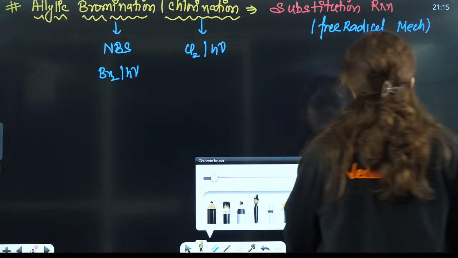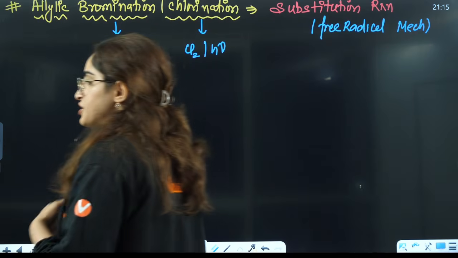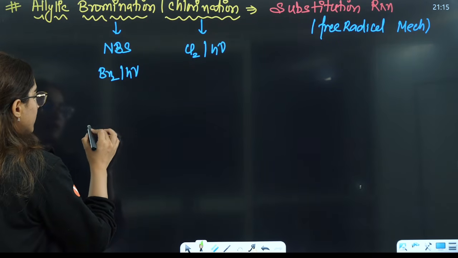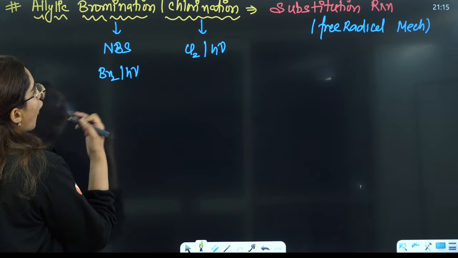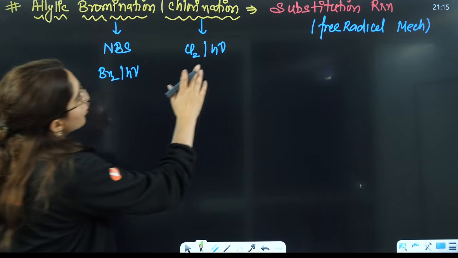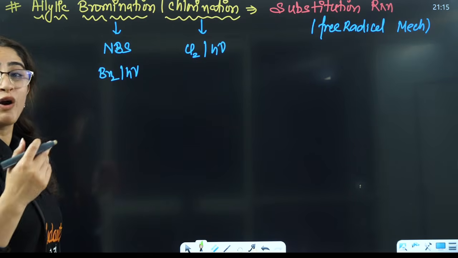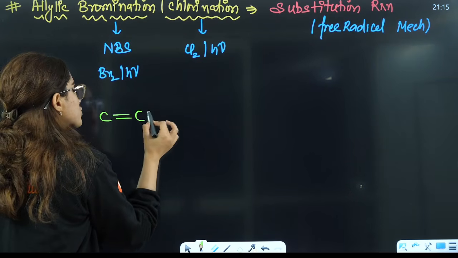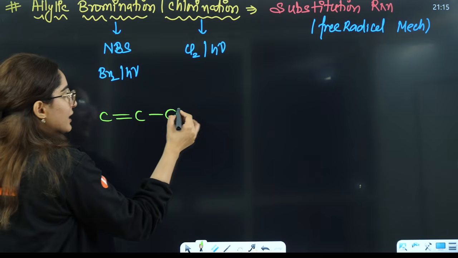Okay, now we have allylic bromination or chlorination. Now, in this case, let's say allylic or benzylic, basically if you have N-bromosuccinimide, Br2 with light, or you have Cl2 with light, what will happen in these cases? If you have allylic means double bond, next to double bond you have a carbon, that is the allylic carbon.